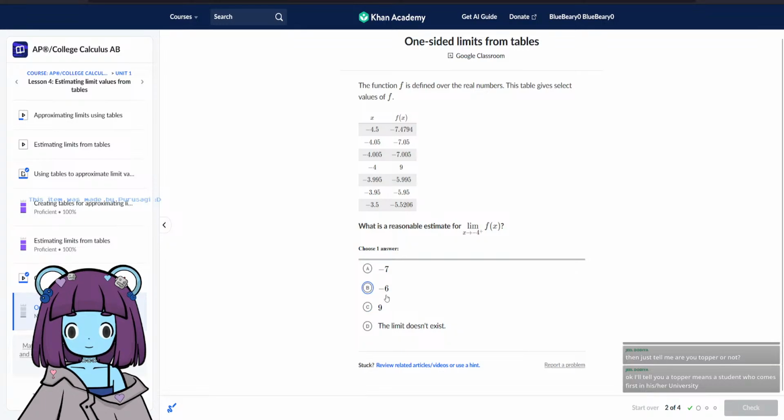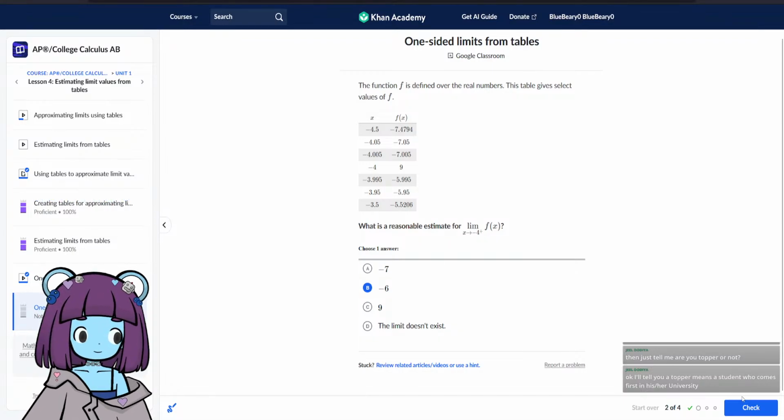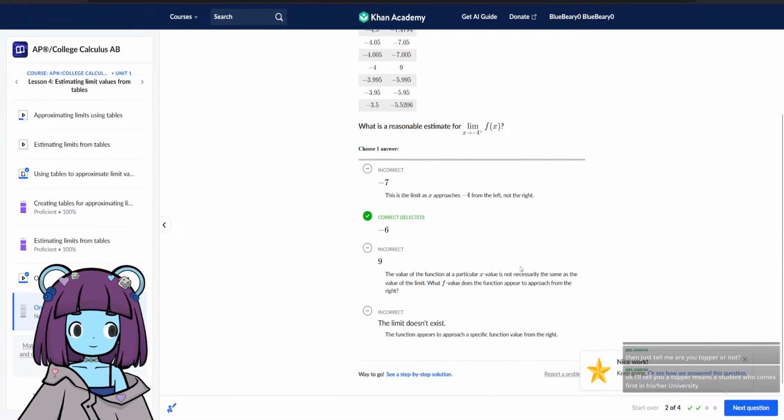So I'd say 6 is reasonable, considering it comes from the right, and this is almost 6, and it increases to this value. Let's check. Yeah!